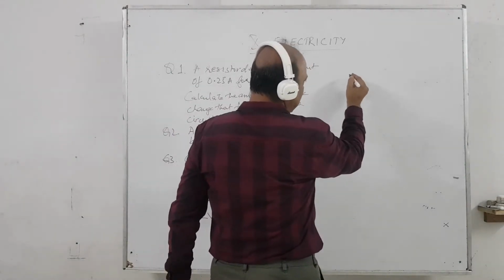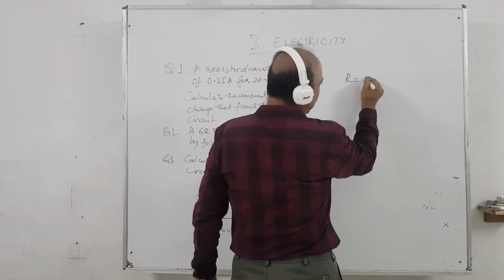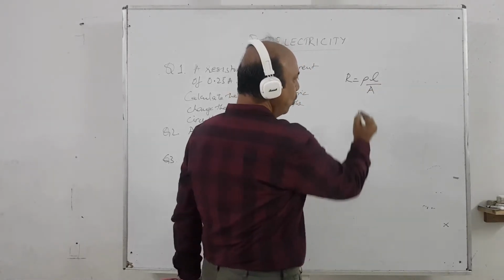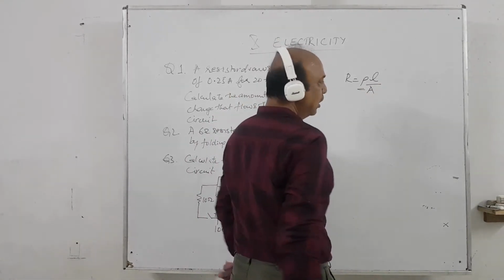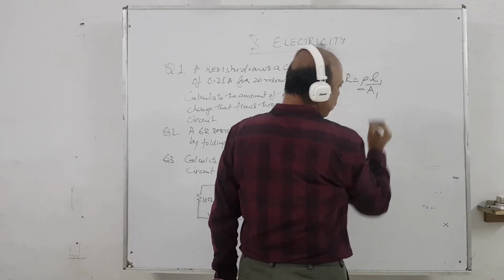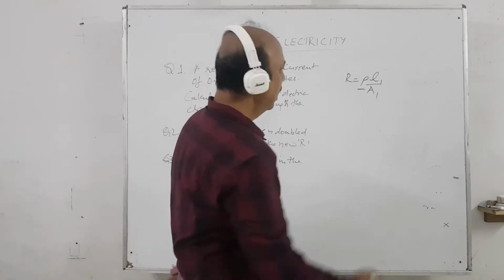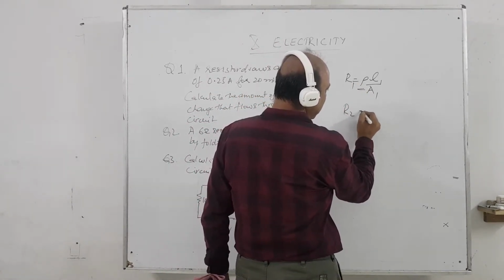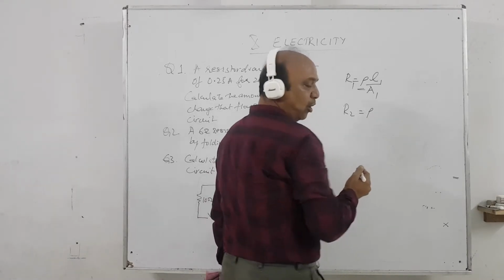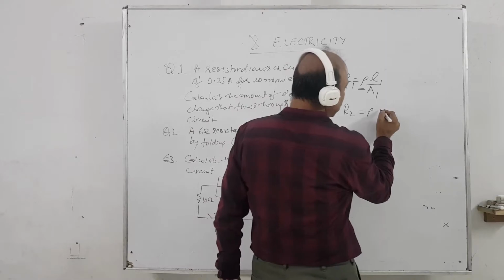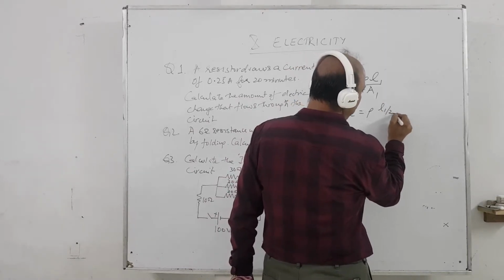So let us see, R is equal to rho L upon A. Rho is constant. Let me call it the original length, original area of cross section and the original resistance. So R2 will be rho. Now what has happened to the length? Length has become half. So it is L1 upon 2.